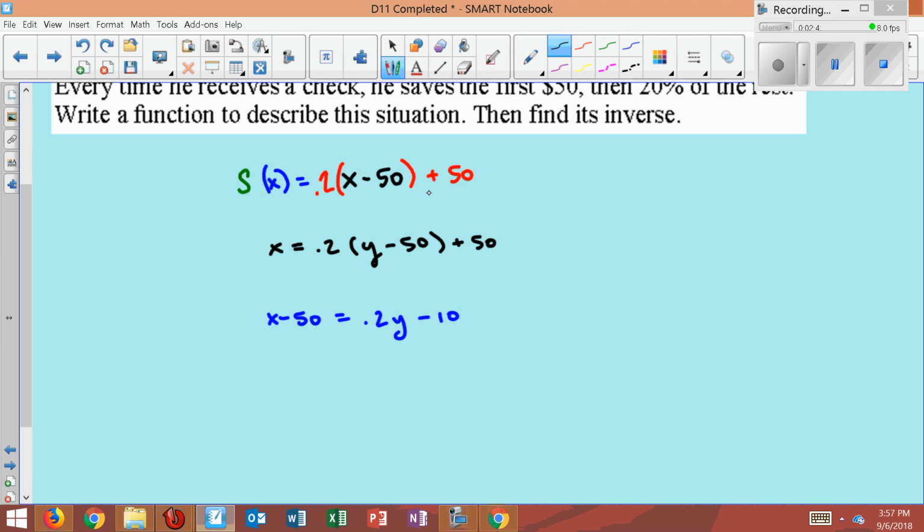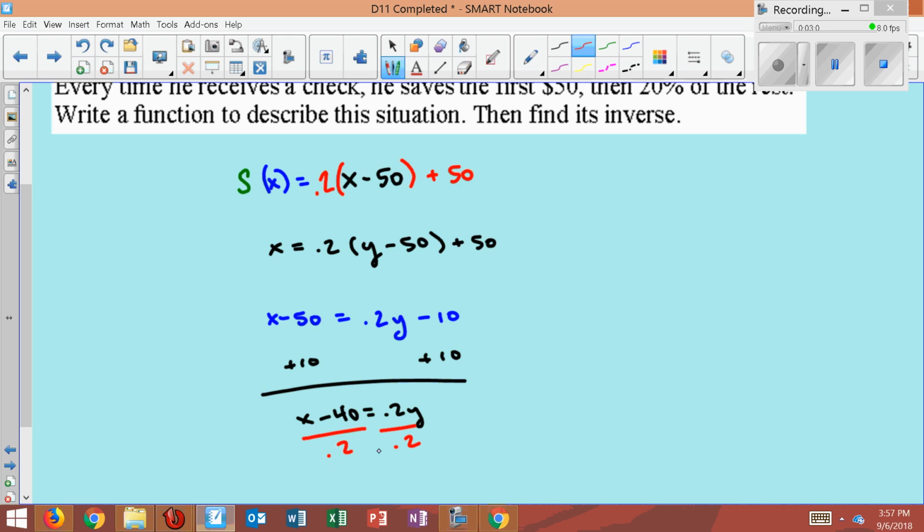And you know what? I could have simplified that equation if I wanted to. We'll come back and do that here in a little bit. I'm going to add 10 over. And so I have x minus 40 equals 0.2y. Last thing, to get y by itself, I divide by 0.2.